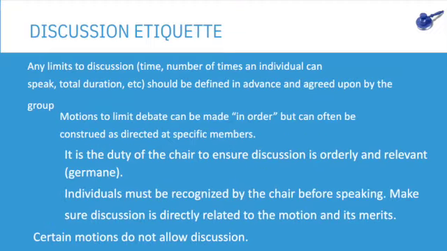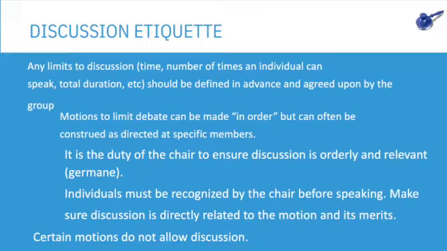Now, discussion etiquette, which is very important. Any limits to discussion, which includes time, the number of times an individual can speak, and total duration, should be defined in advance and agreed upon by the group. The motion to limit debate can be in order, but can often be construed as directed at specific members.